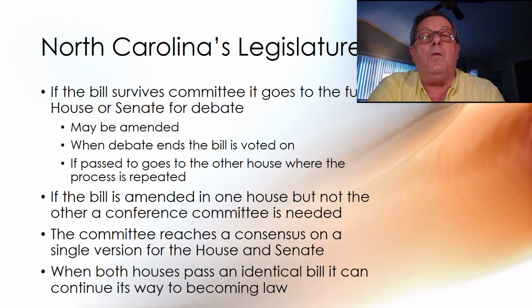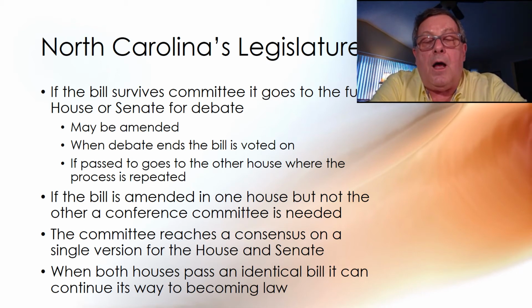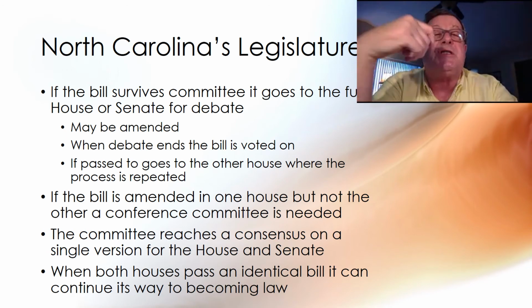Now, once it has passed both houses, then it goes to the governor's desk. Now, the governor can sign the bill, and if he does, it becomes a law. Or the governor can veto a bill. And again, another similarity. But if the governor vetoes the bill, it goes back to the House and to the Senate.